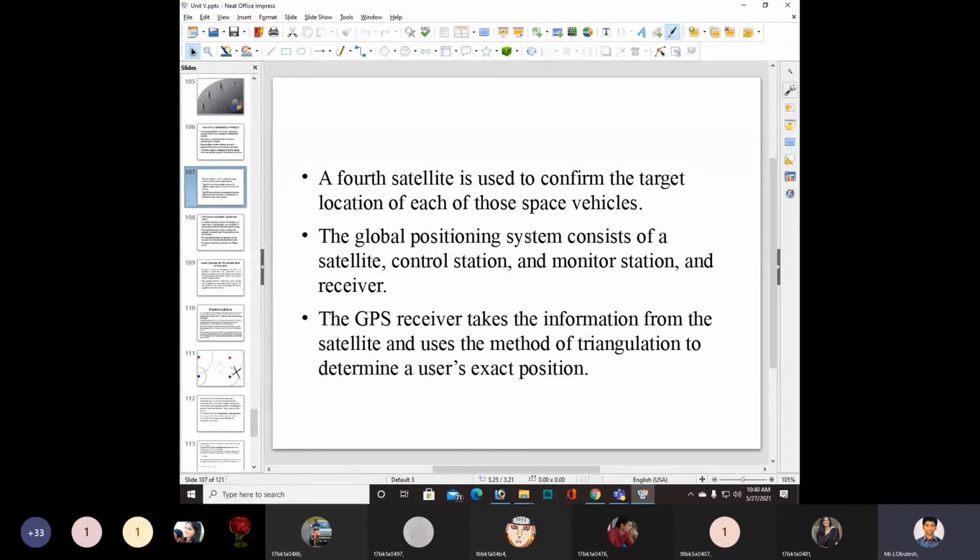So the GPS consists of four components: satellite, control station, monitor station and receiver.